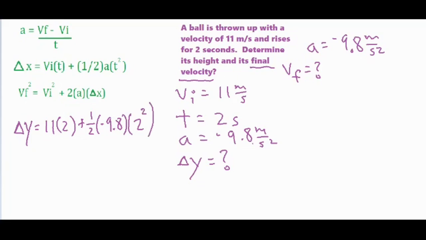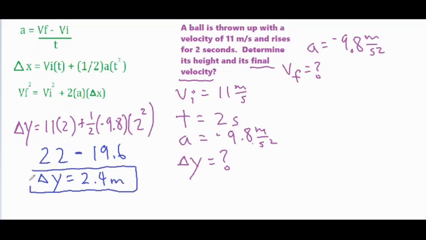All right, from there, 11 times 2 is 22. And then I'm just going to put minus because I know this is going to turn into a negative number because of the negative 9.8. So then I'm going to subtract 19.6, and then that's going to give me a delta y of 2.4 meters.